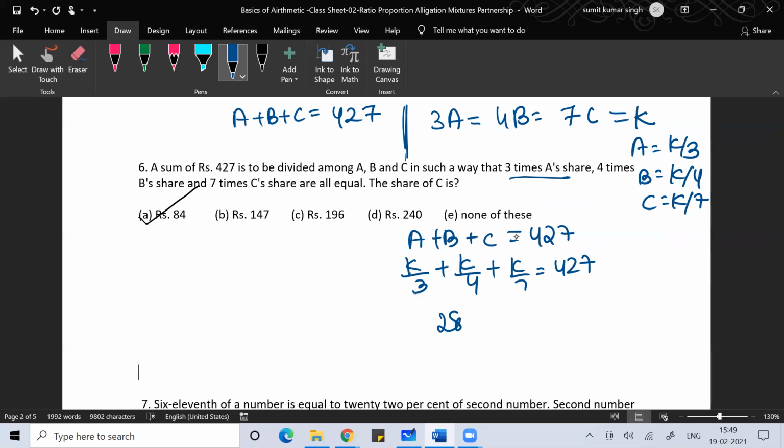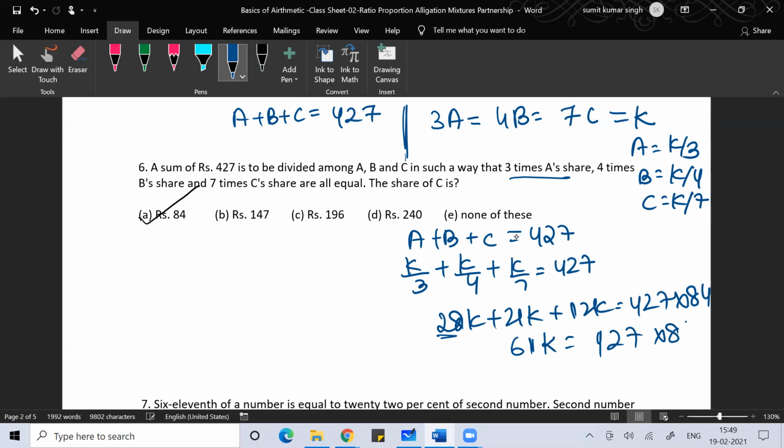This would be 28K plus 21K plus 12K is 427 into 84. So 61K is equal to 427 into 84, so K is equal to 7 into 84. What is the share of C? It is K by 7.